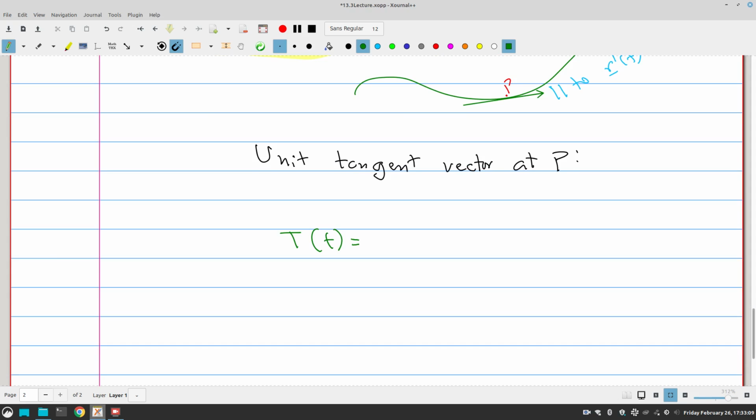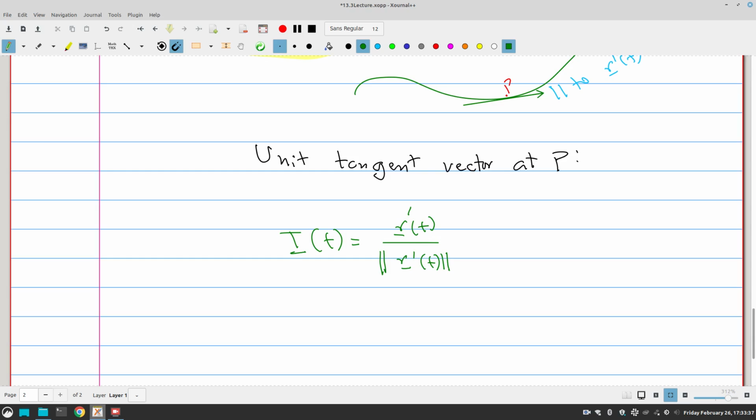This is equal to the unit vector in the same direction as r prime, so this is equal to r prime t divided by the magnitude of r prime t. So this is guaranteed to give you a unit vector.